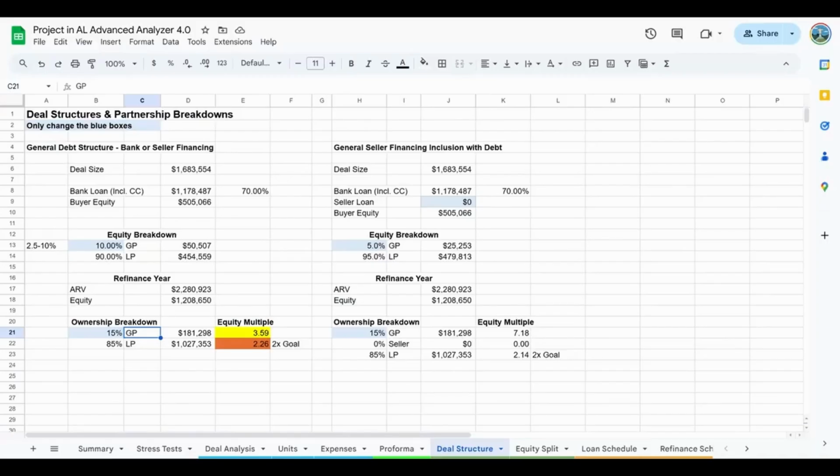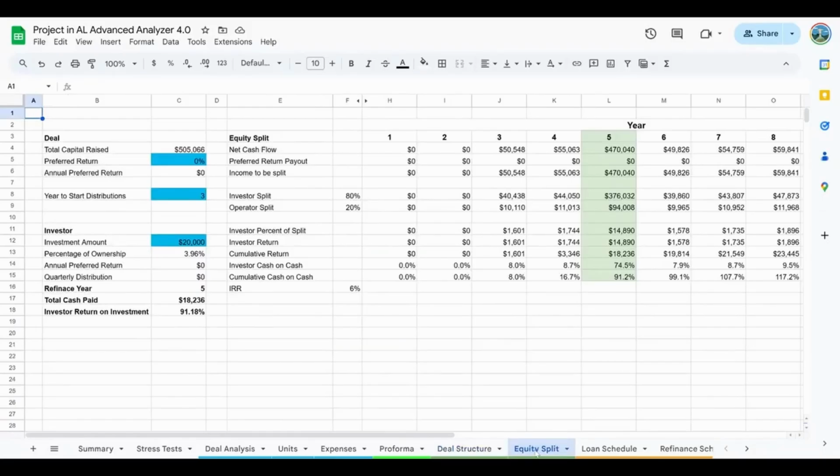So here we have general partners getting 15% of the cash flow and the limited partners getting 85%. And you can change these numbers around also to get close to the 2x.